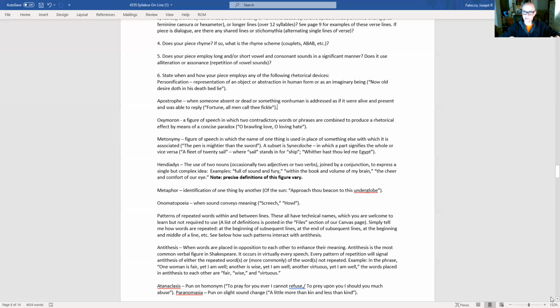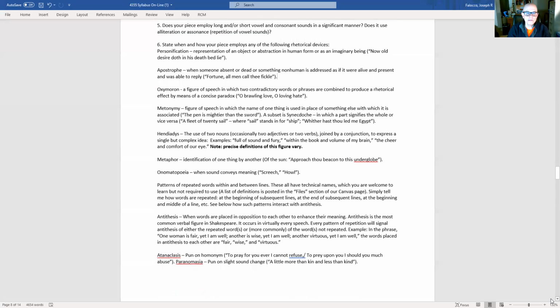Because where antithesis is common in all Shakespeare, it is hyper-prevalent in prose passages. The best example of which is probably Brutus's funeral oration in Julius Caesar, which is all based on this very tightly structured antithesis.